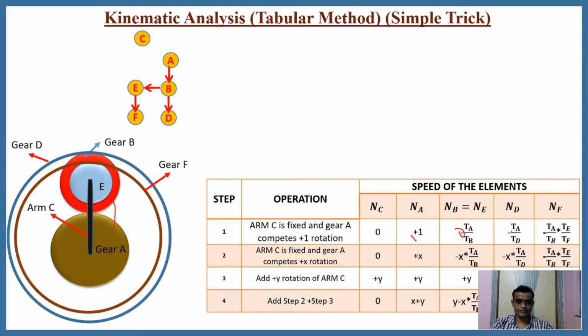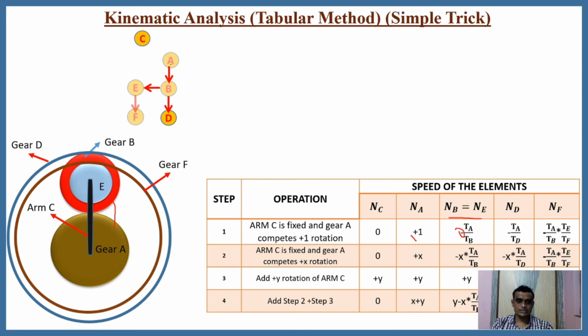Next, gear B, NE is equal to NB, which we already wrote over here. You can directly write NB is equal to NE, no need to waste your time. Next, from NE motion is given to F.